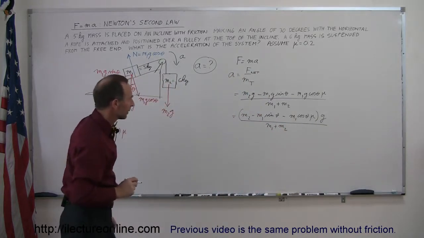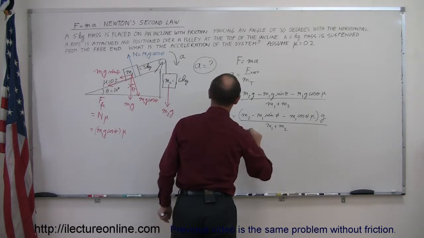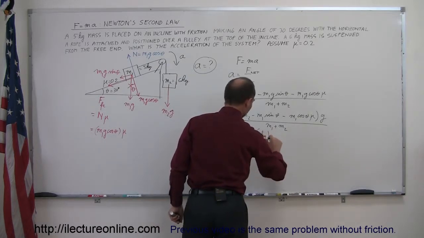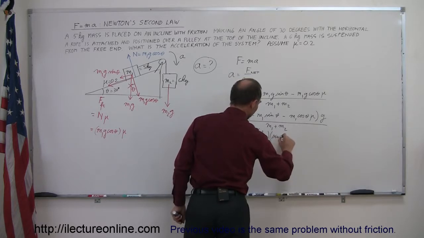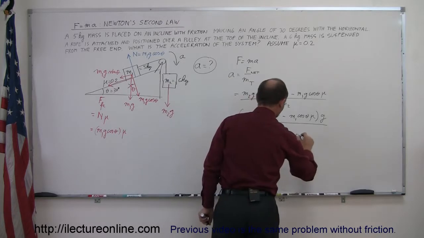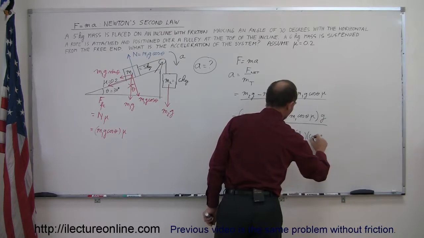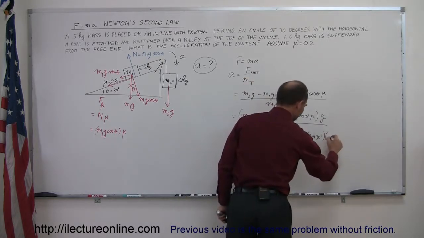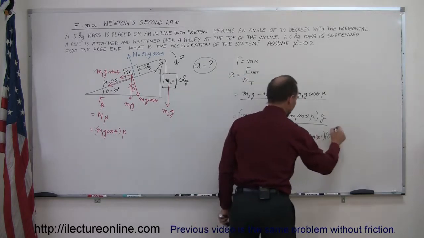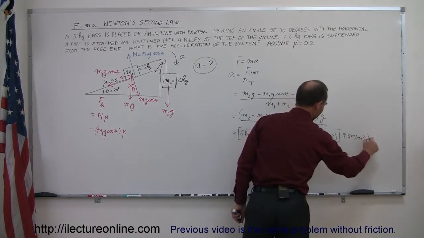All right, m2 is equal to 6 kilograms, minus m1, which is 5 kilograms, multiplied times the sine of 30 degrees, which, by the way, is 1/2, minus 5 kilograms times the cosine of 30 degrees, which is 0.866, times 0.2 for the coefficient of friction, and then this whole thing multiplied times g, which is 9.8 meters per second squared.